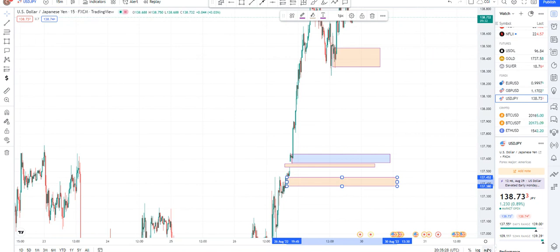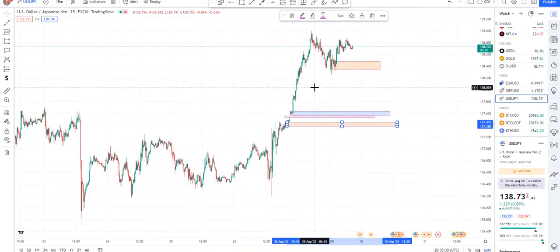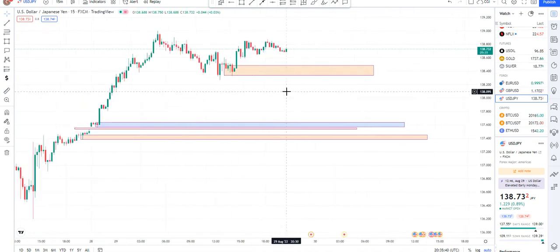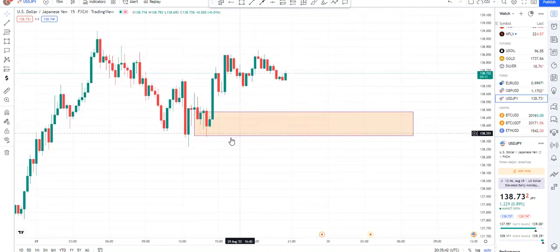All these areas are just for if it takes out liquidity of the Asian range, it might just be a consolidation or a retracement down to any of these areas. By morning, the most likely thing to do is just to use this order block here, or a sponsor candle.